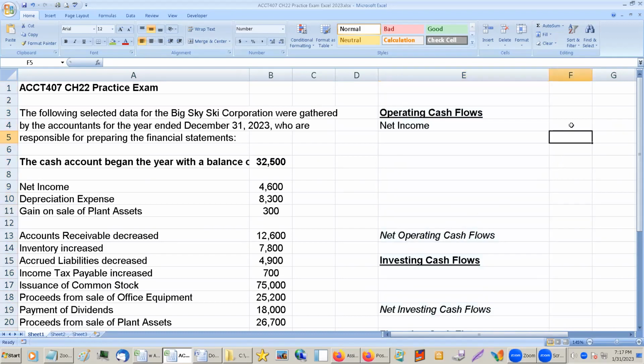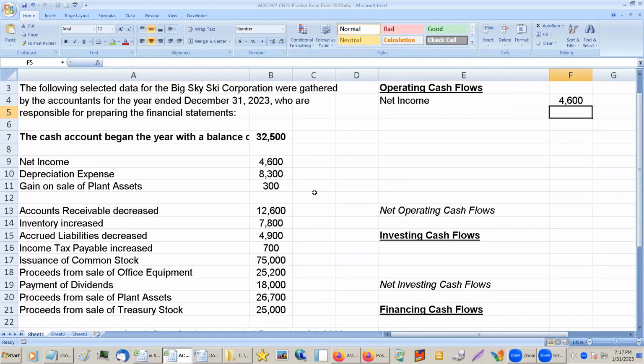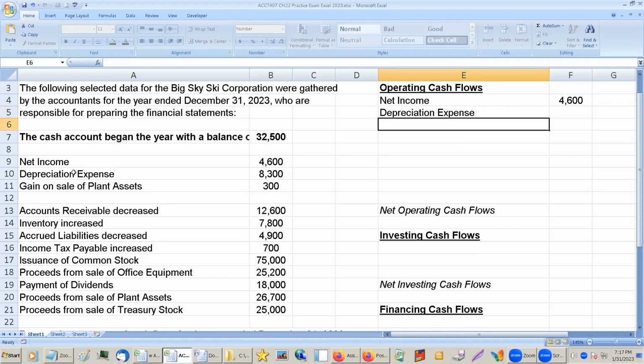Okay, so we started out with our net income. We have depreciation expense. Does that get added or subtracted? Added, yep. Non-cash.